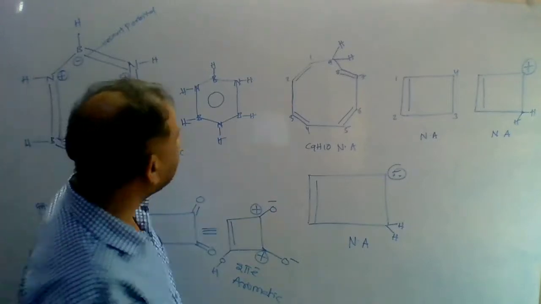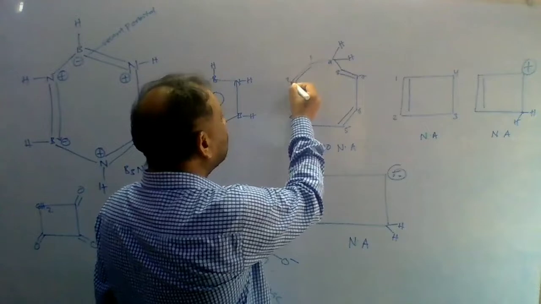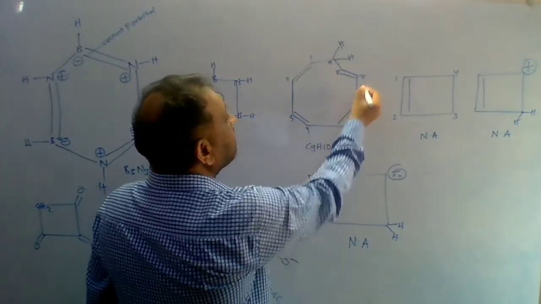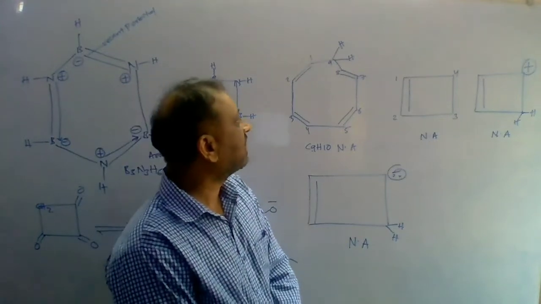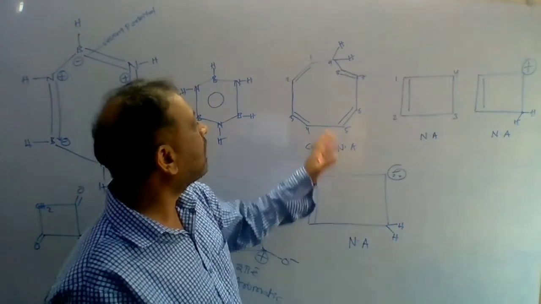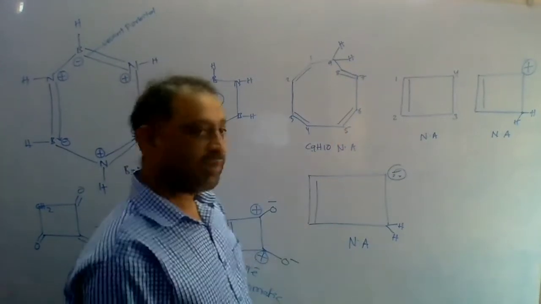And the next example is C9H10, 1, 2, 3, 4, 5, 6, 7, 8. Cyclononatetraene. It is a non-planar molecule.